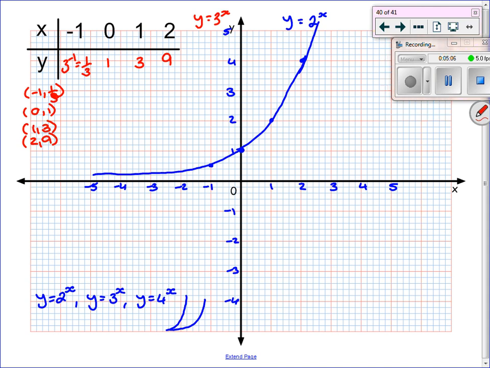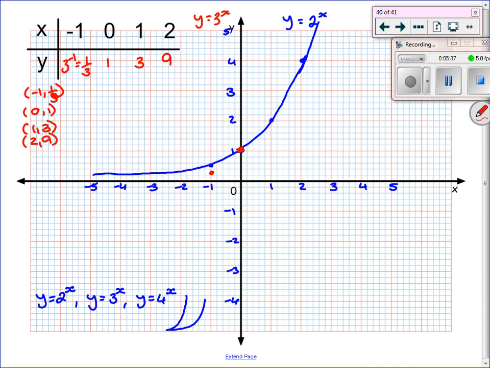So minus 1, a third is going to be approximately here. 0, 1 is here. And that's the thing about exponential graphs, they all go through that same point on the y-axis. Because whenever we make our x value 0, from our index laws, anything to the power of 0 is always going to give you 1.